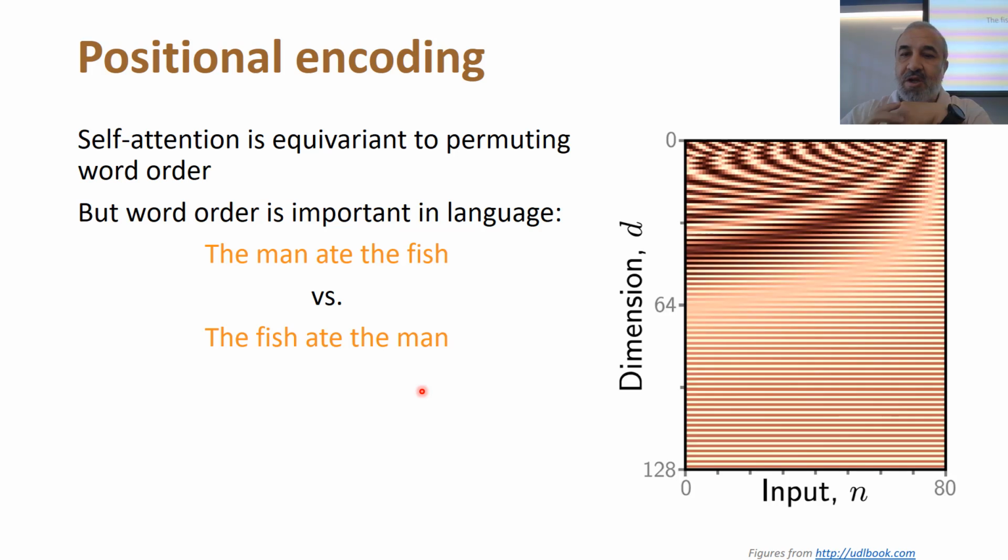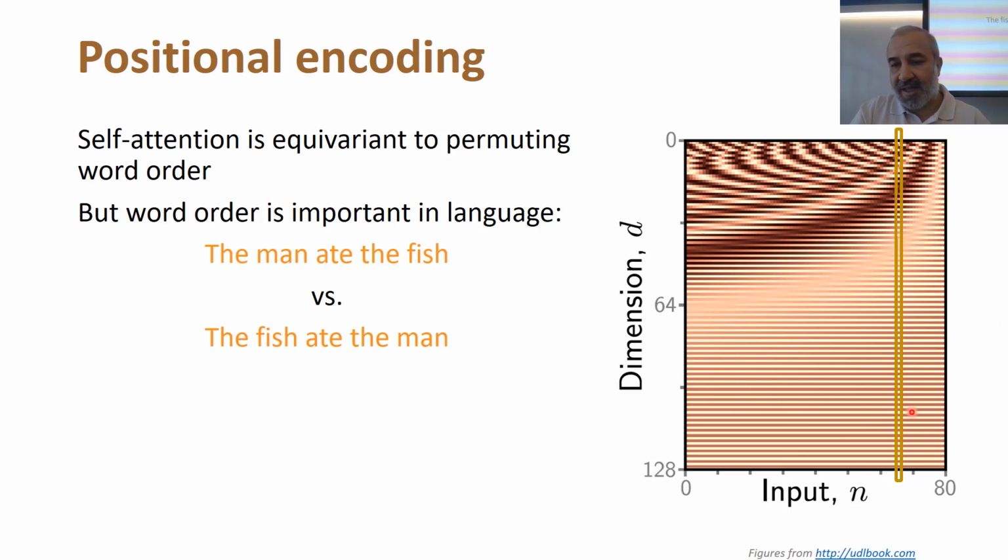How do we do that? We do that by adding another vector to the input embedding vector, called the positional encoding vector. You can think of this as a matrix. One column of that matrix is one positional encoding vector for one position.